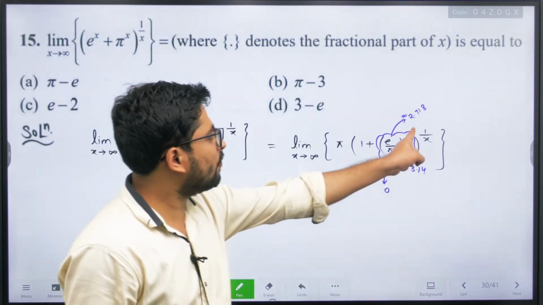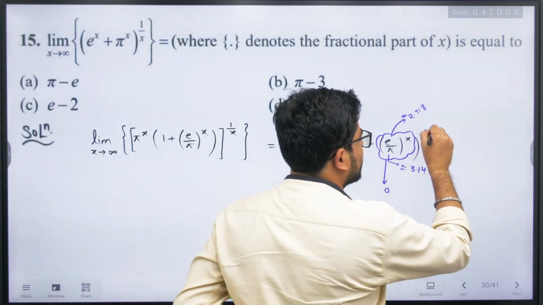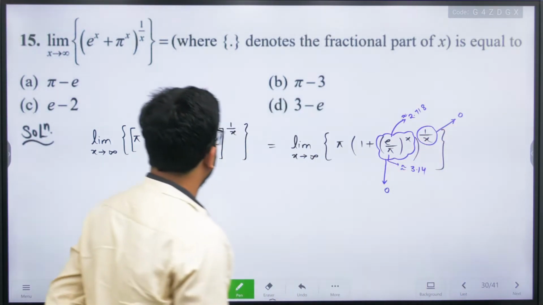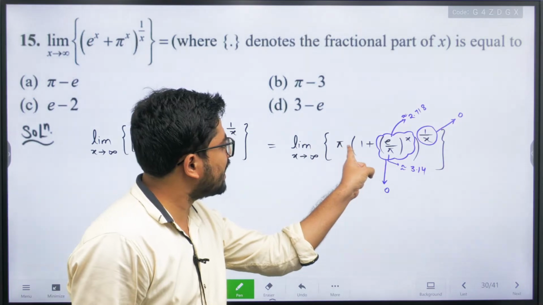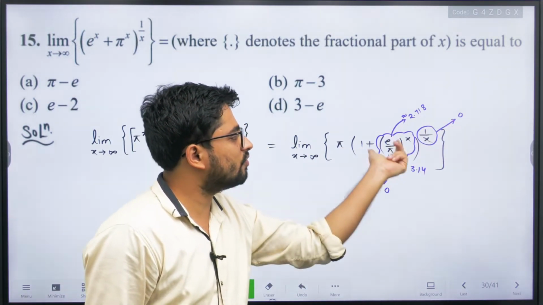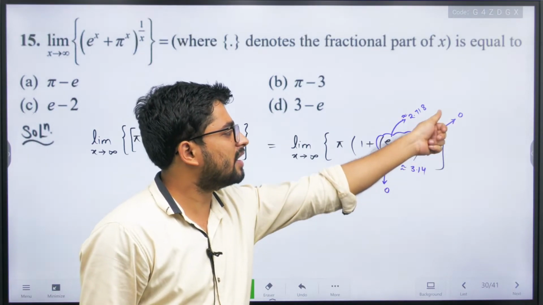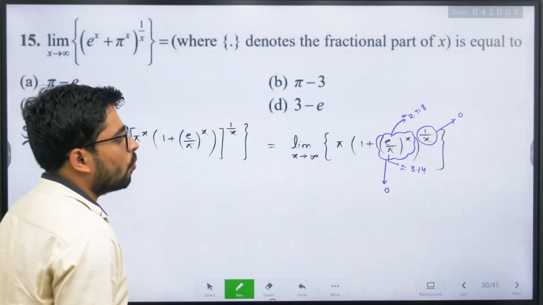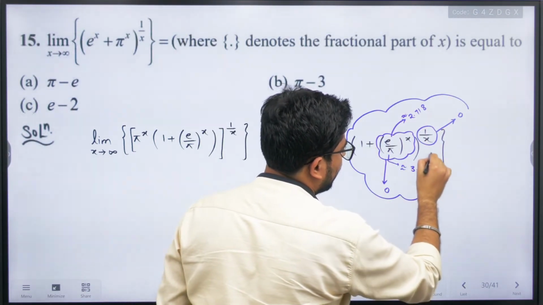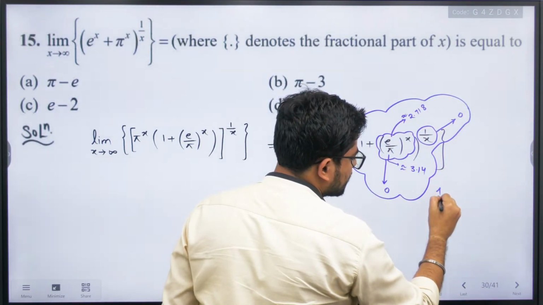And 1 by x is what? 1 by x also tends to 0. Got it? So this is pi into (1 plus something tending to 0) to the power 0. So 1 plus 0 to the power 0, the whole thing is 1.